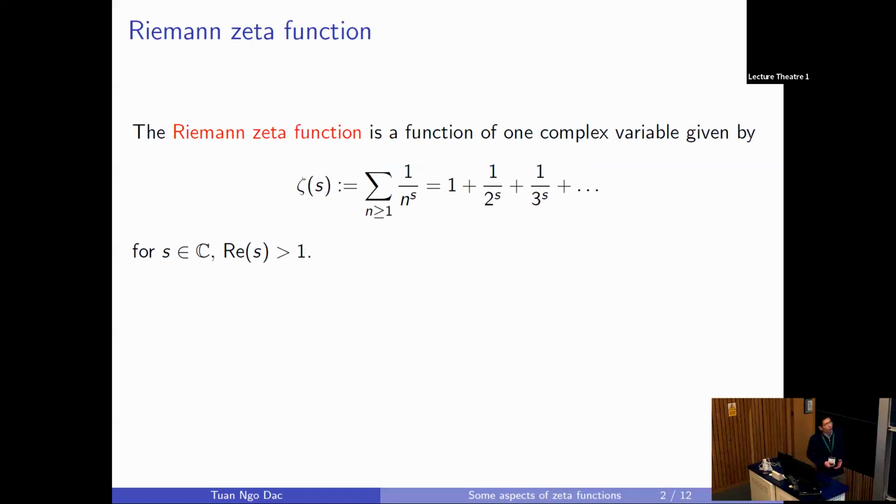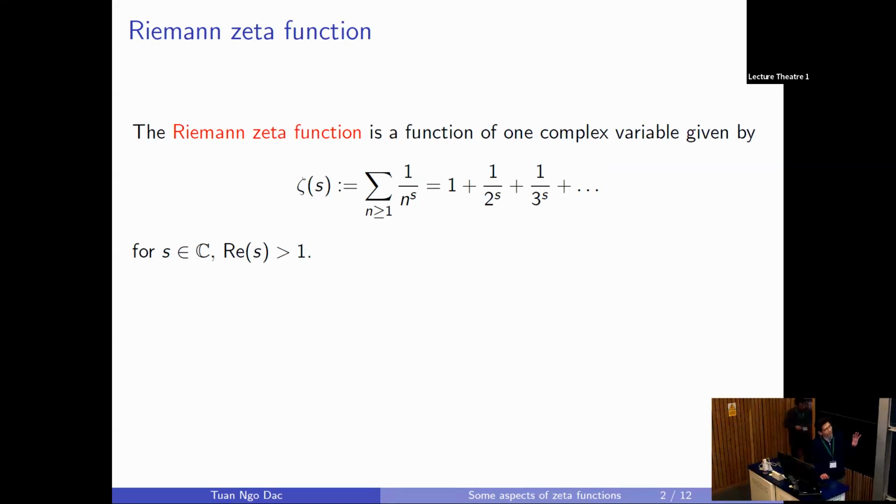One of the main objects in number theory is the study of zeta functions. Most of them come back to the Riemann zeta function. The Riemann zeta function is a function of one complex variable given by the following formula.